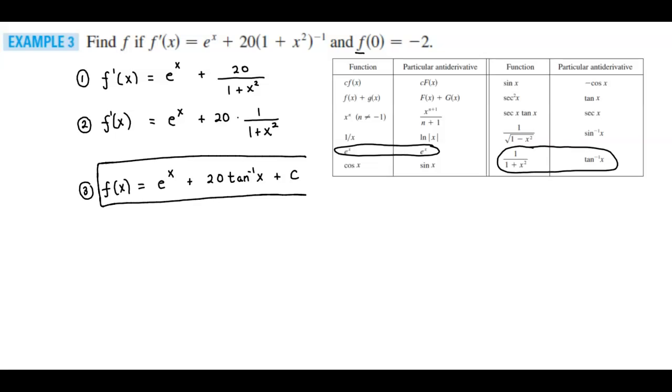Okay, now in part 4, we're given the fact that f of 0 is equal to negative 2, which means that x is 0 and f of 0 is negative 2. So now using this function, we can determine what the value of c is.